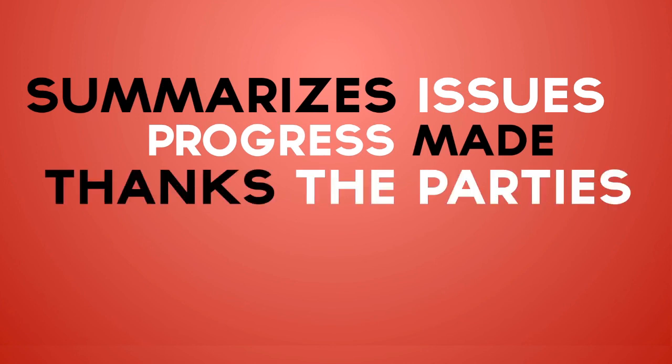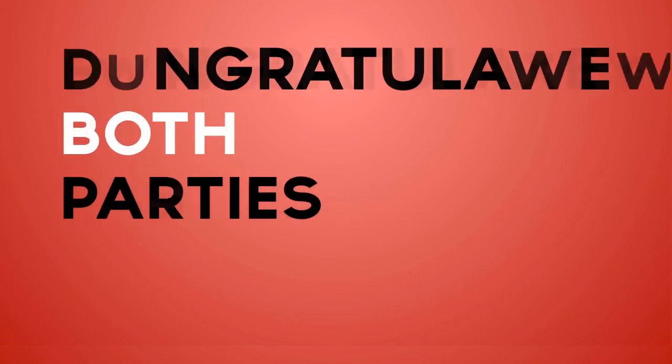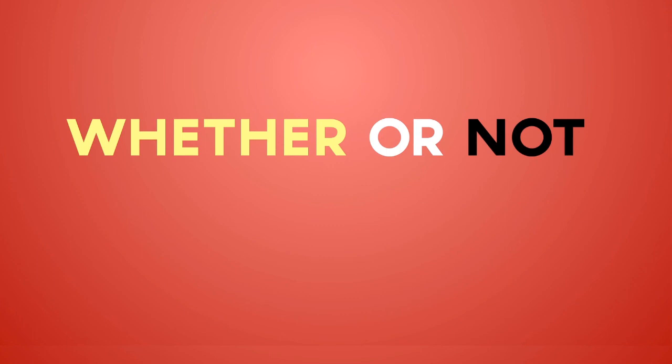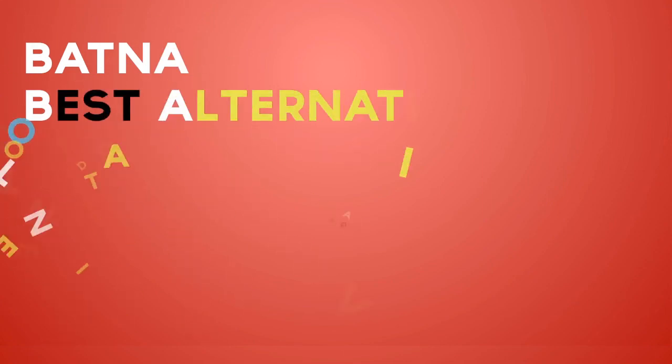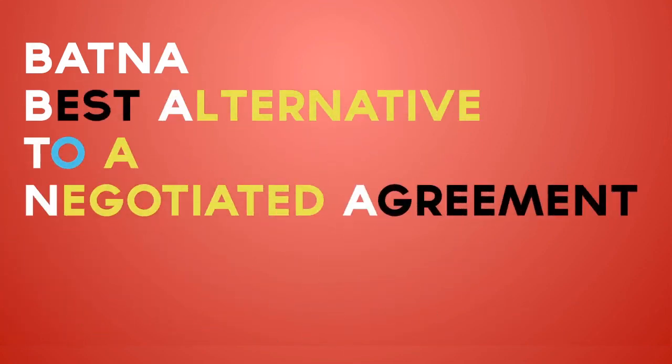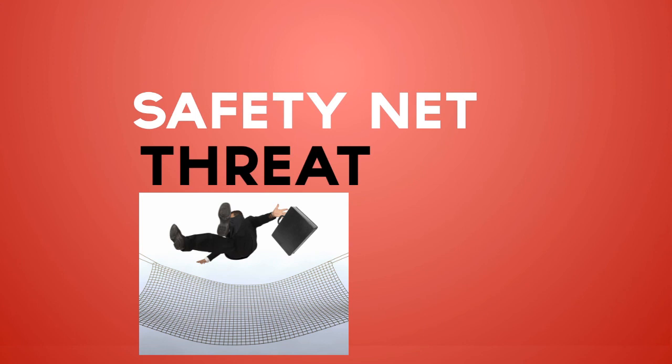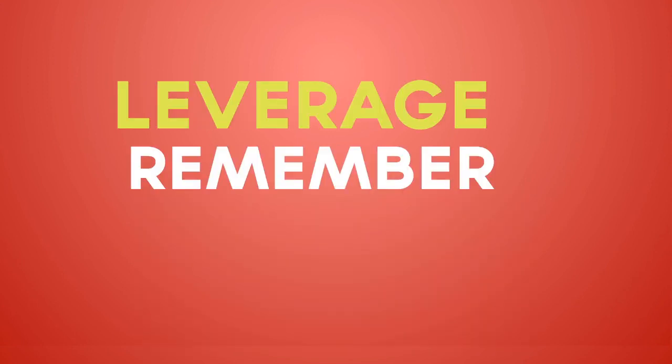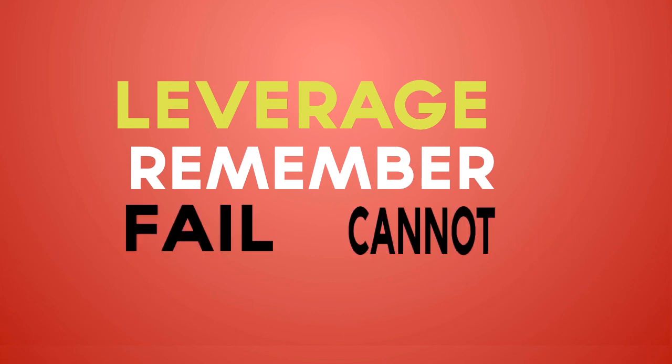Then the mediator thanks the parties and ends the mediation session, congratulating both parties on their efforts, whether or not they reached an agreement. If no agreement is reached, they remind the parties of their BATNA, best alternative to a negotiated agreement. A BATNA is not a safety net or a threat, but is used as leverage. Remember, in any negotiations, if negotiations fail and agreement cannot be reached, you can simply walk away.